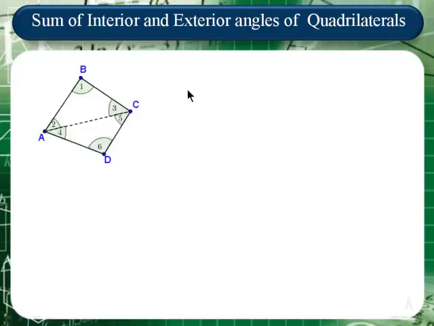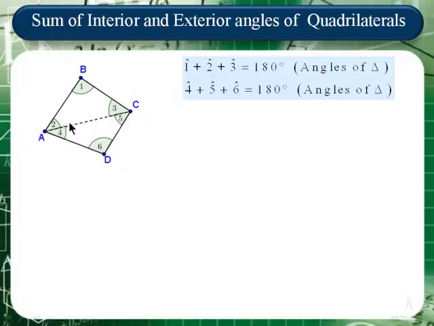of a quadrilateral. Now assume we have the quadrilateral ABCD, and we draw one of the diagonals, say AC, and we label the angles as indicated here. Now what do we know then? Well, firstly we see we have now divided the quadrilateral into two triangles.